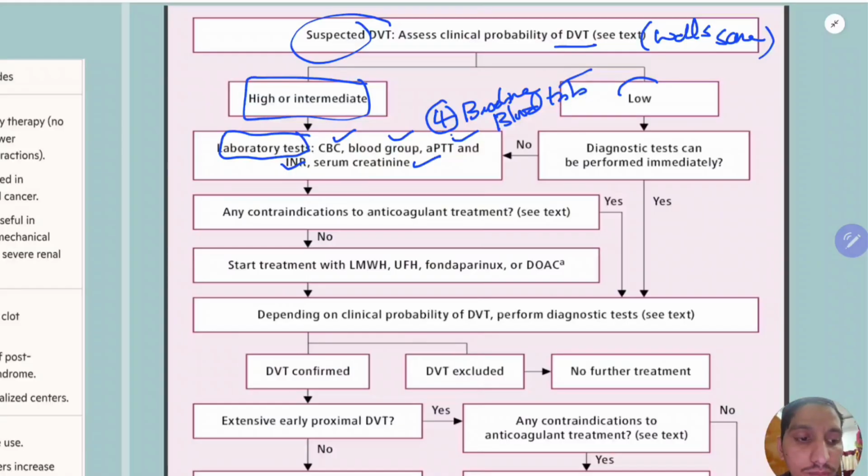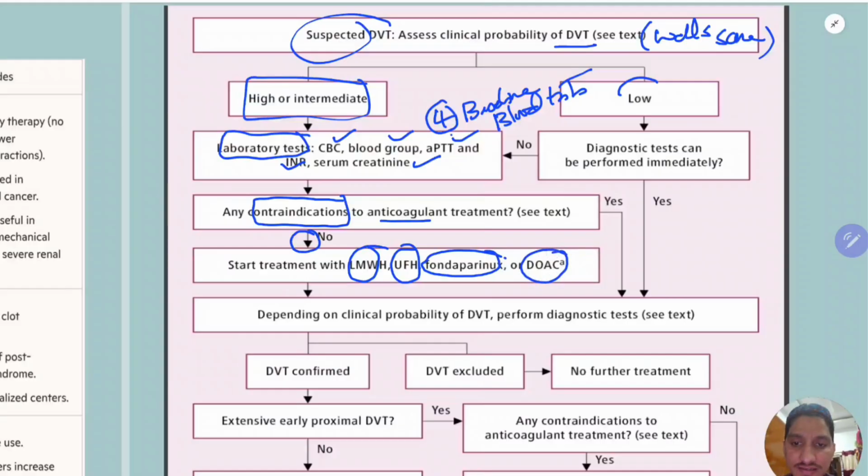Now you will see whether there are any contraindications to anticoagulant treatment. If there is no contraindication, then you will start treatment with low molecular weight heparin or unfractionated heparin or fondaparinux or directly acting oral anticoagulants.